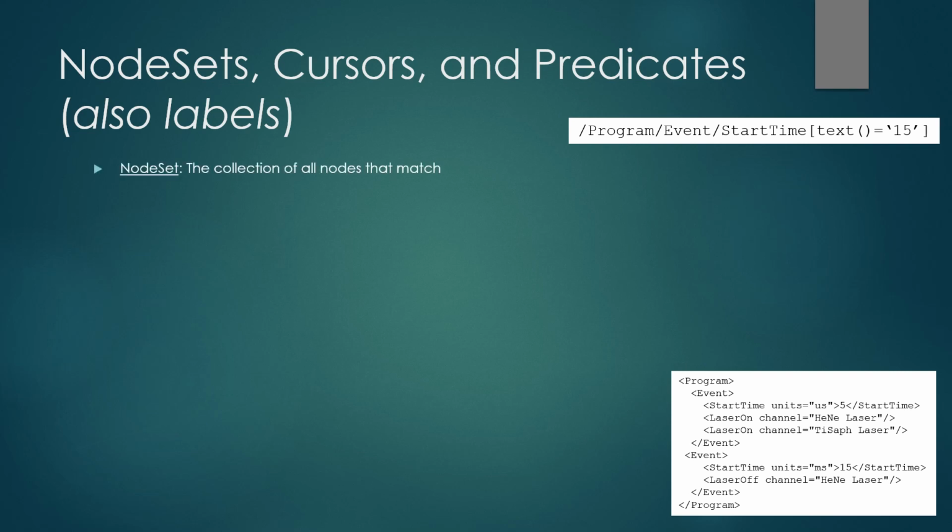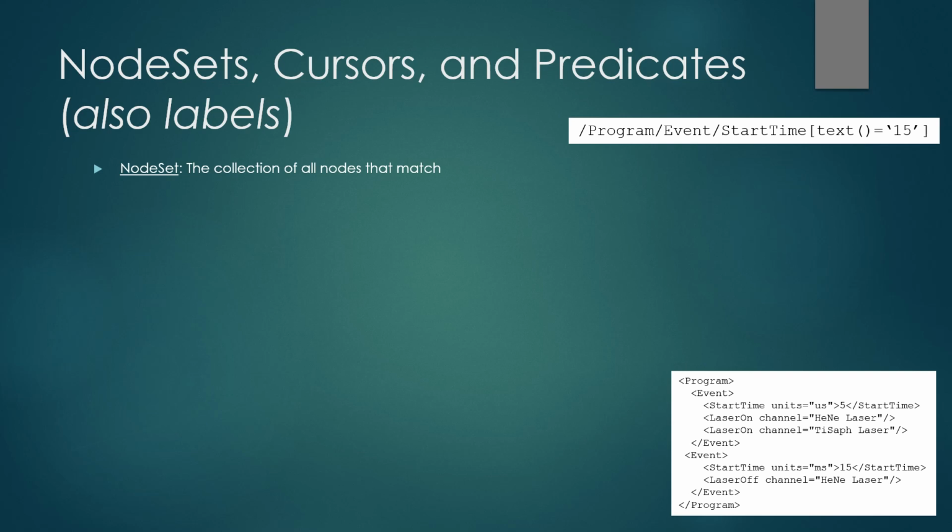A node set is the collection of all the nodes. That is everything: content, elements, which is to say tags, and attributes, even comments that match something. So when I said find root, that meant the whole file. Then when I said find program, that meant everything that matches program, which means everything inside of program.